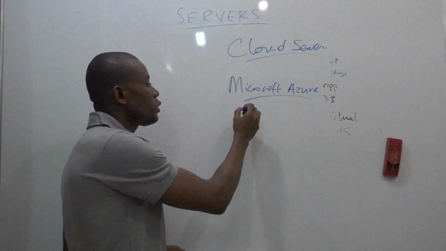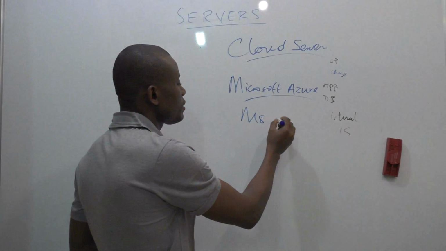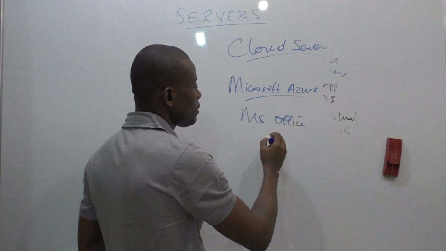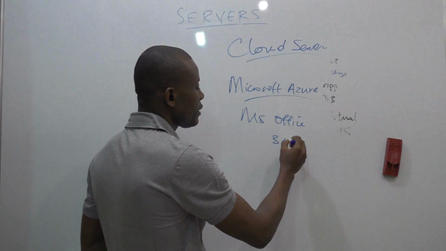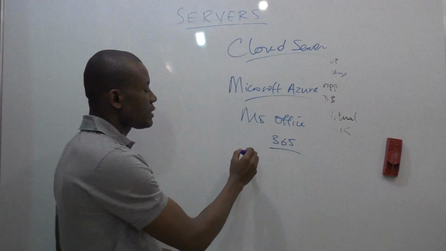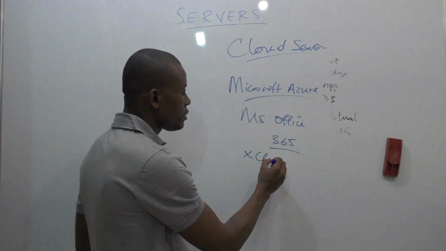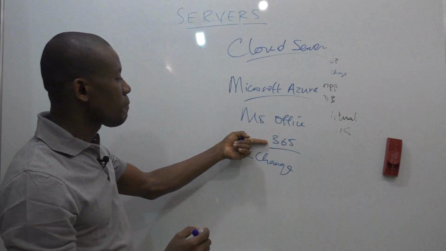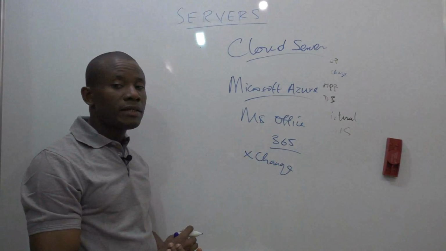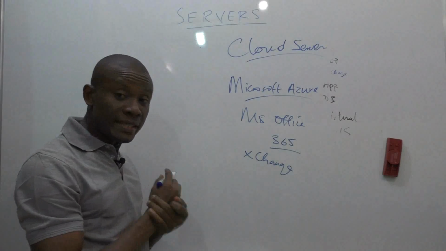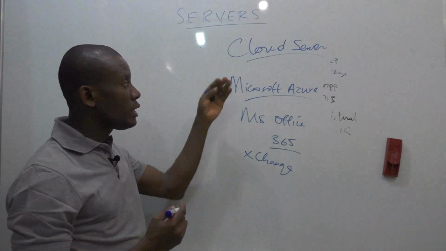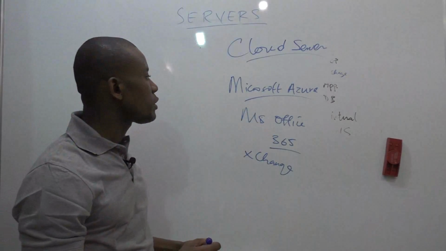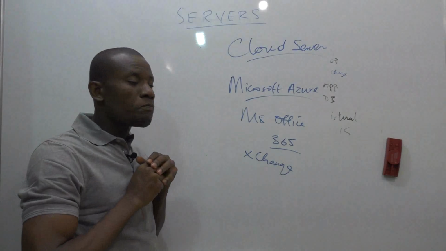So we also have Microsoft Office 365. The same with Exchange. Office 365 is a cloud server by Microsoft, Cloud Exchange Server, because you can actually have all these servers we've discussed before, but now in the cloud, in a location that you don't know.